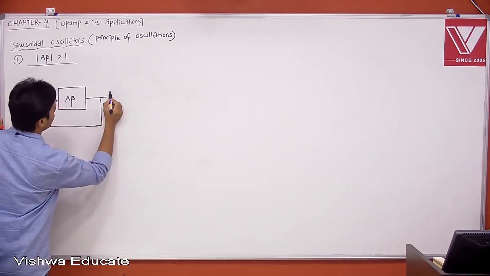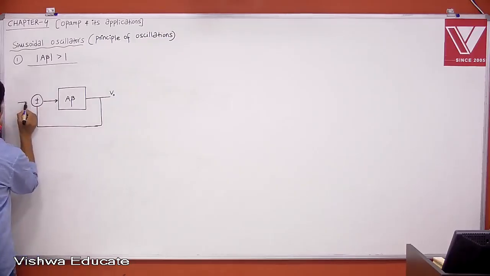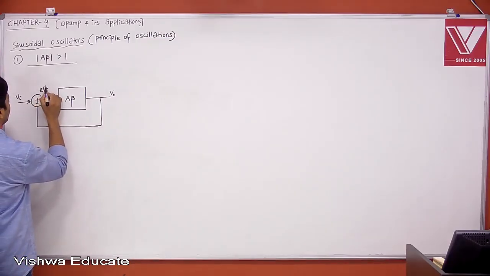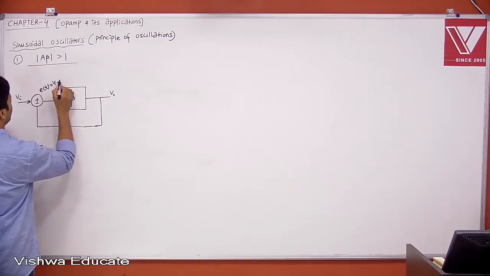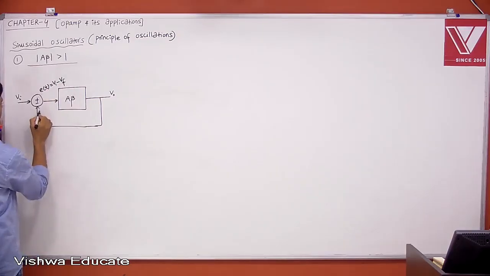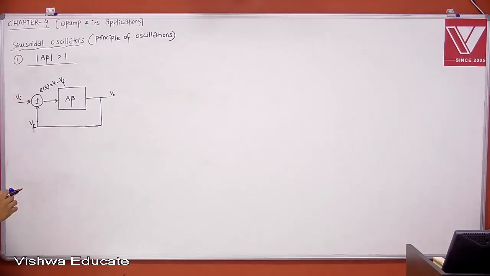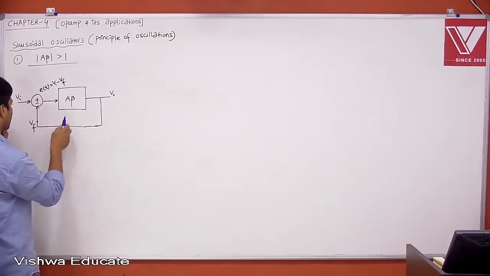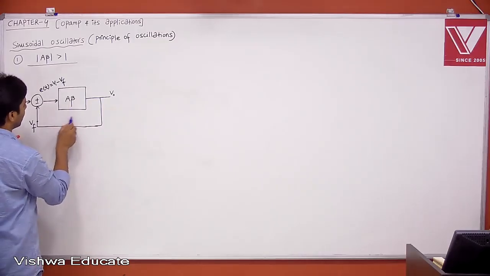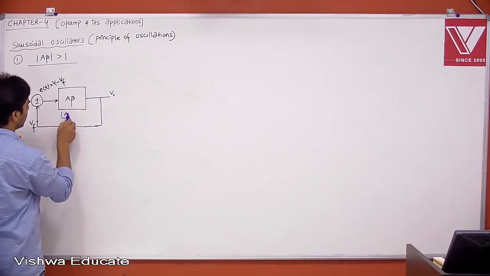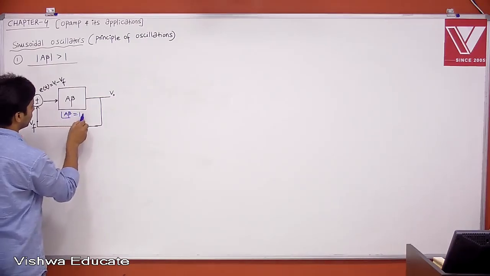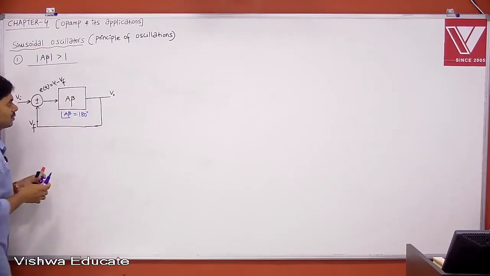This is your V0, this is your Vi, and this is the error voltage E of t equal to Vi minus Vf, where Vf is the feedback quantity. This is your open loop gain, having a phase shift angle A beta equal to 180 degrees.